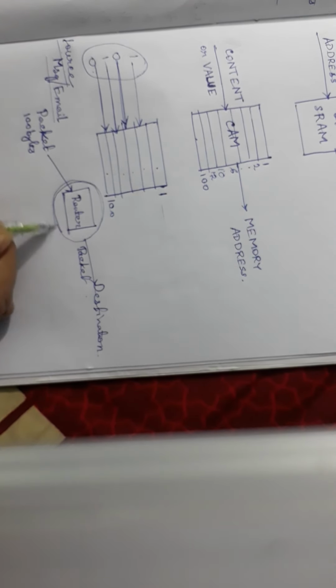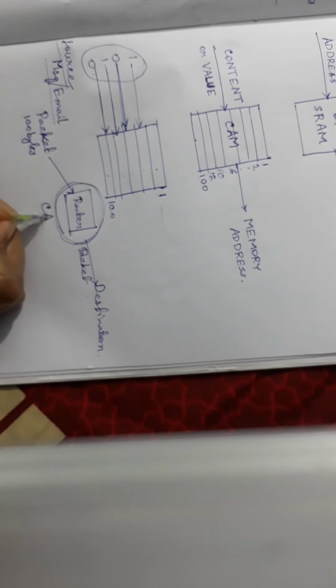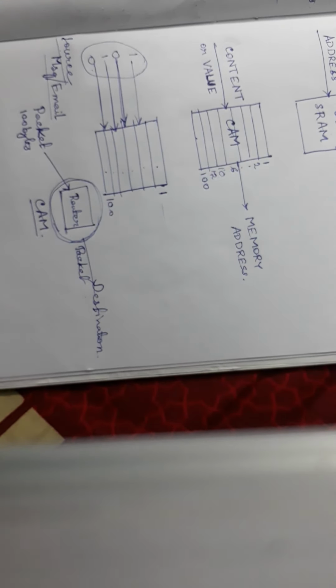And this router has a CAM inside it, because we know that CAM takes some data value or content as input, finds out the address of that data, and sends that packet to its corresponding address location or destination.